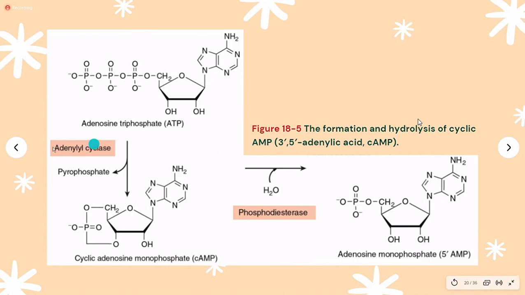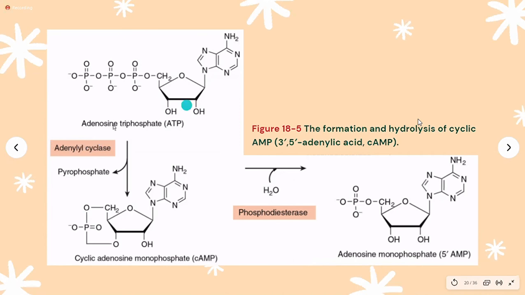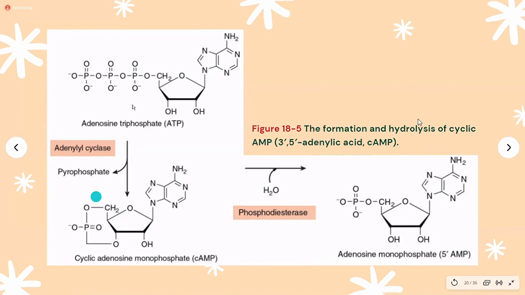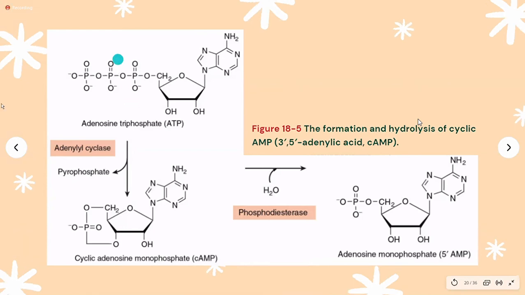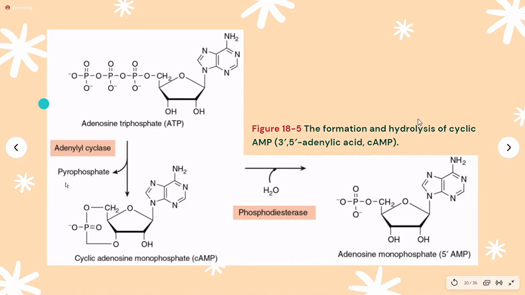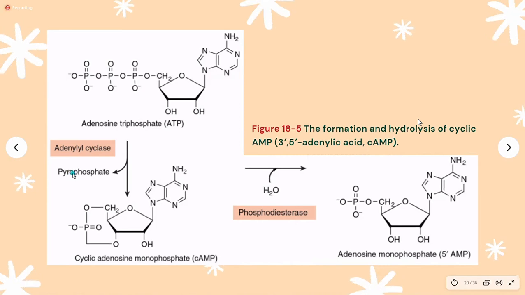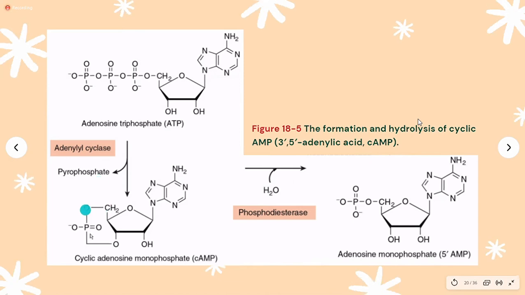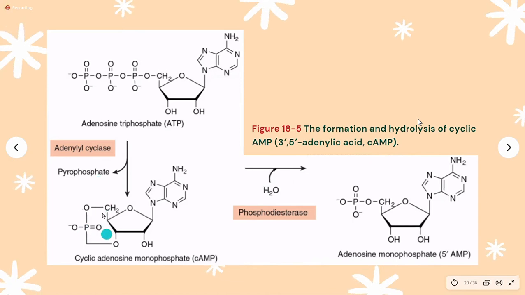That's adenyl cyclase here, acting on ATP, and then you form this one, a ring. So that's why it's called cyclic AMP. Two phosphates are removed as pyrophosphate, or PPi, and then that forms a ring. So that is cyclic AMP.